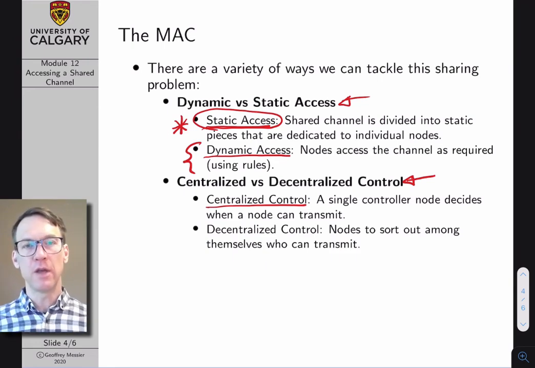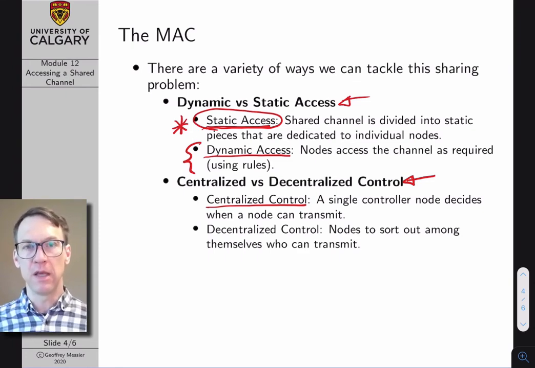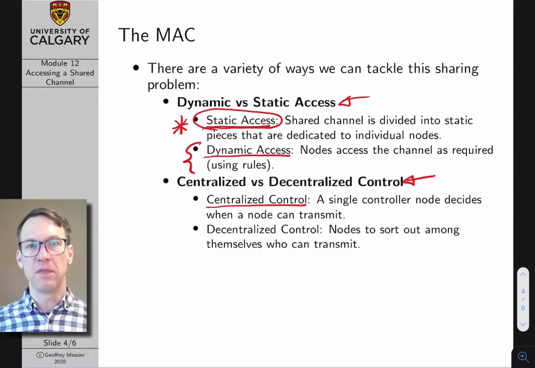This is probably a pretty good model for the classroom, right? When an instructor is lecturing in the classroom, the instructor's talking away, and typically when a student has a question, the student will raise their hand, and that is basically the student node requesting that the instructor node grant access to the shared channel.